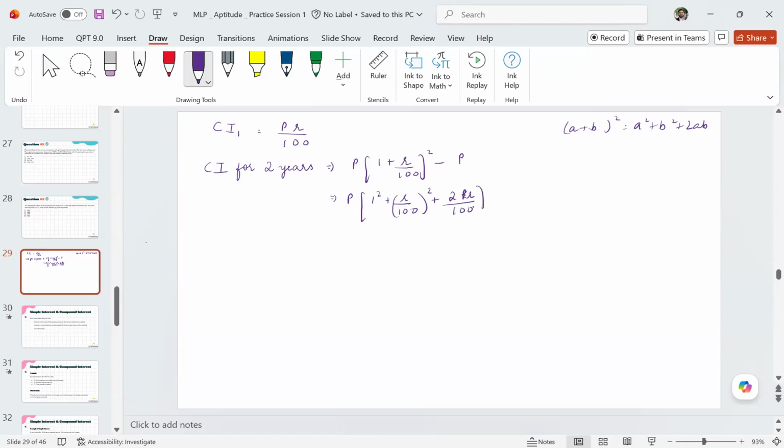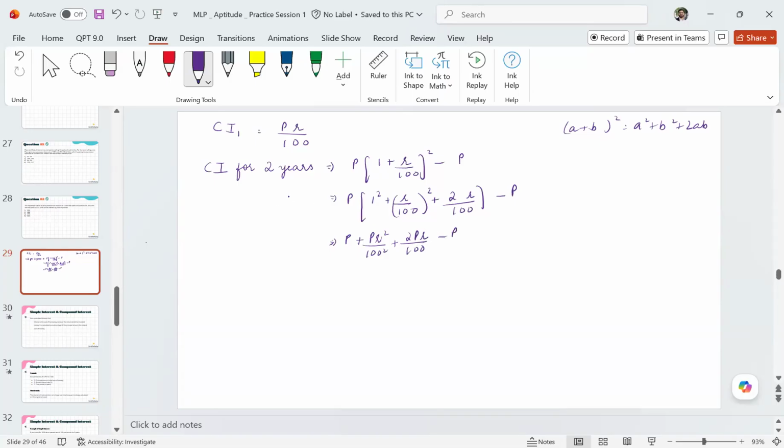Yes or no? So would it be R square upon? Sorry, did not hear you. Can you be louder? Yeah, I got it. So this is the value. Then I'll just open it up. That's it. P plus PR square upon 100 square plus 2PR upon 100 minus P. That is for 2 years.